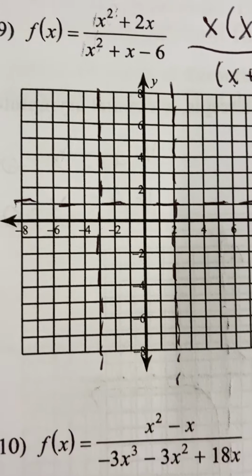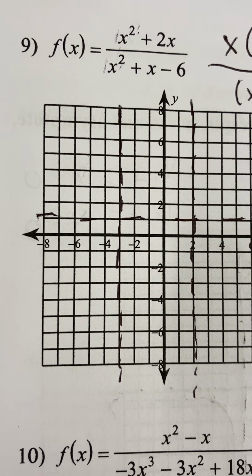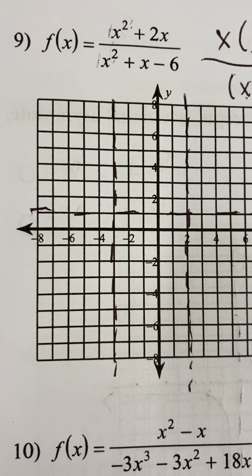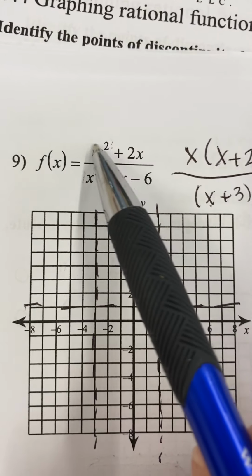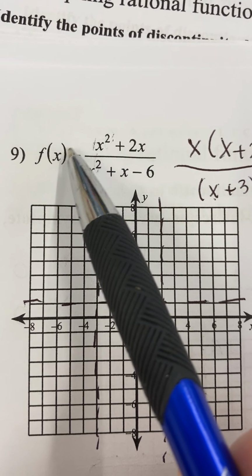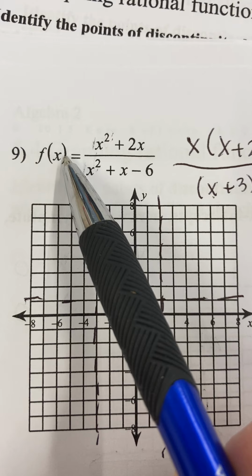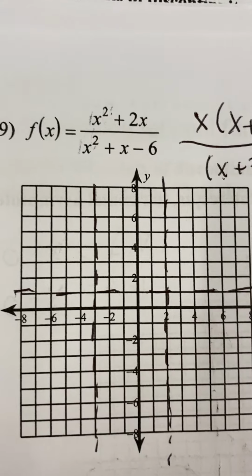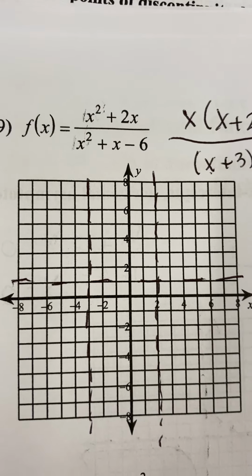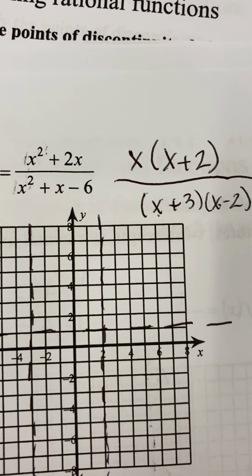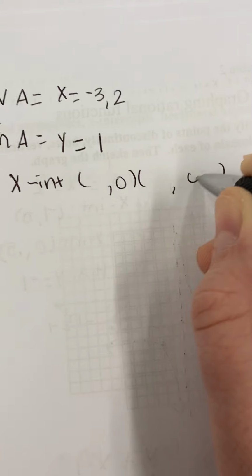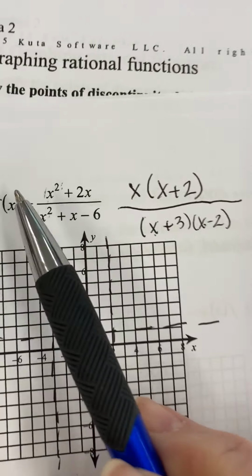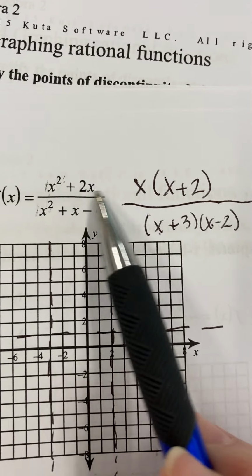So how about we find our x-intercepts? Our x-intercepts are what's going to make y a 0. So to find our x-intercepts, it's when y is 0, and the only way to get y to equal 0 is to get a 0 on top.